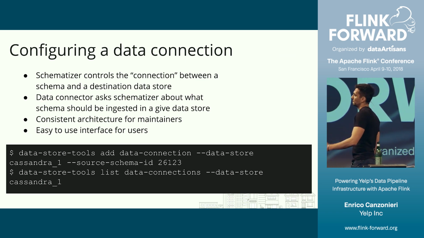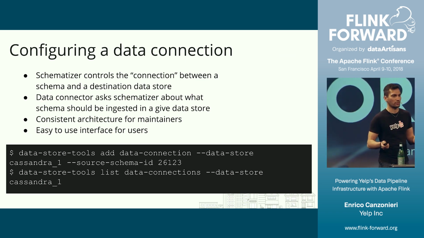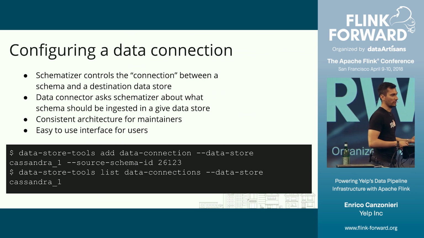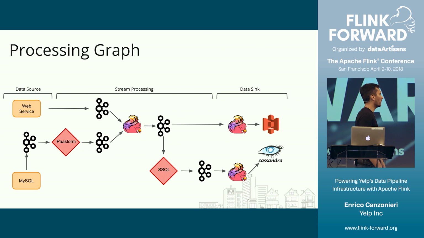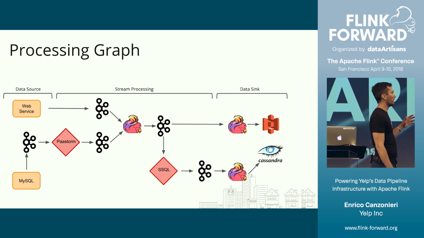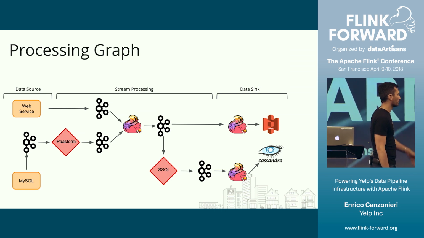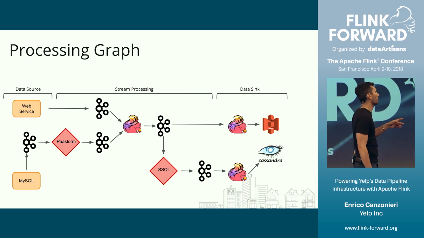And from a maintainer point of view, that gives you a consistent architecture to reason about when you actually have to develop and maintain these systems. When you put everything together, you end up with something that looks more like a processing graph, where the edges are Kafka topics, and then most of the processing tasks are implemented in Flink.